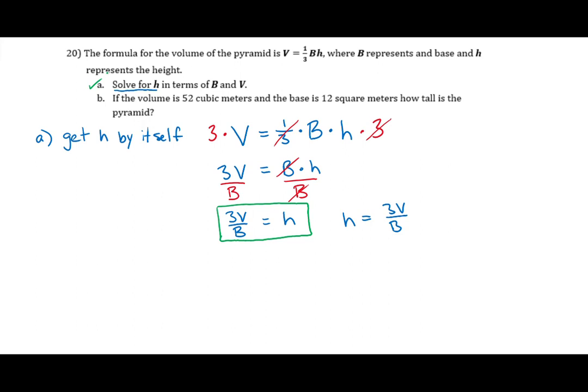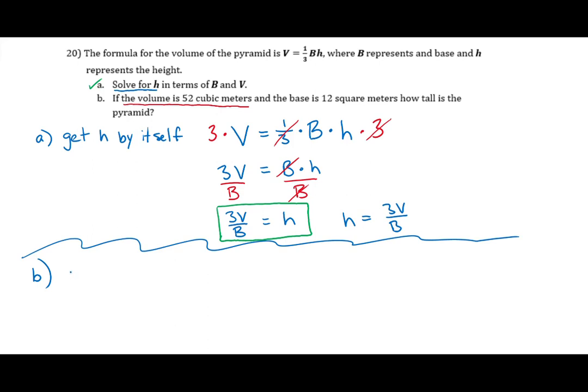Now for part B, if the volume is 52 cubic meters, so when we are given this, that means we're being told that V is equal to 52.